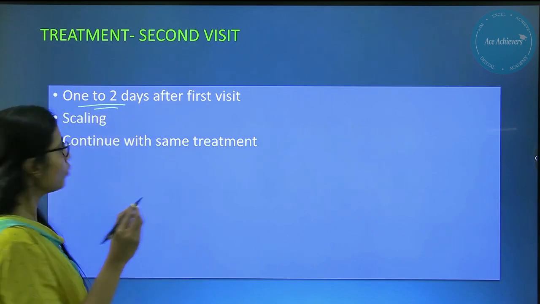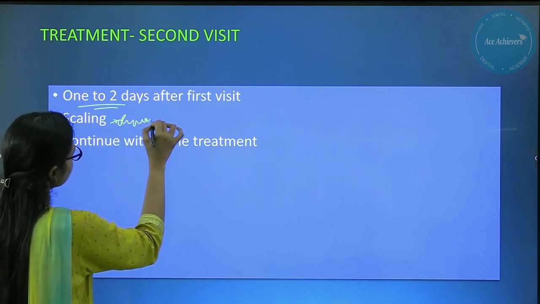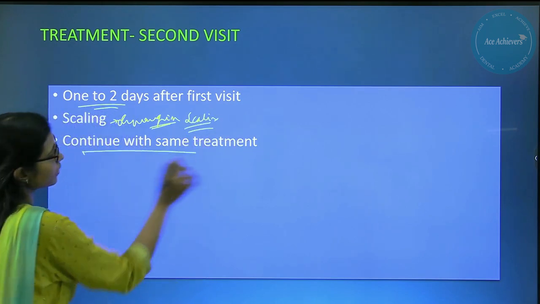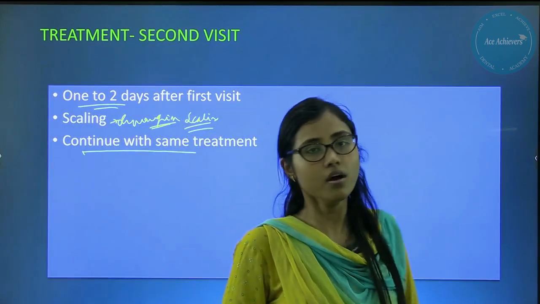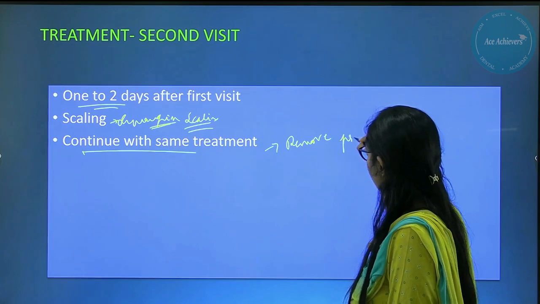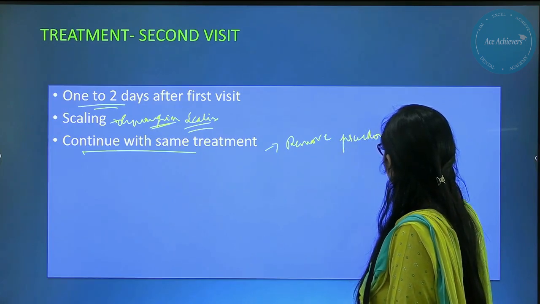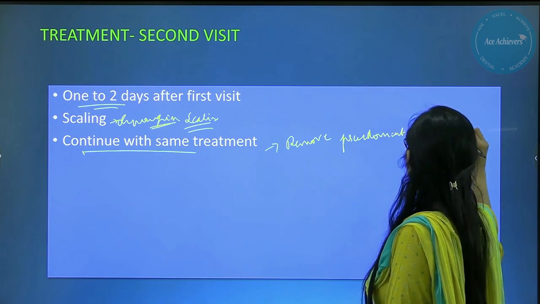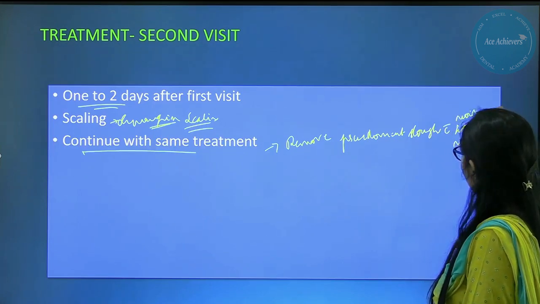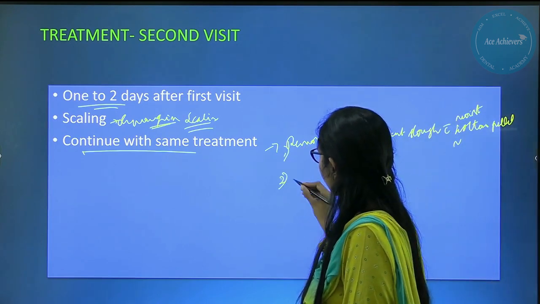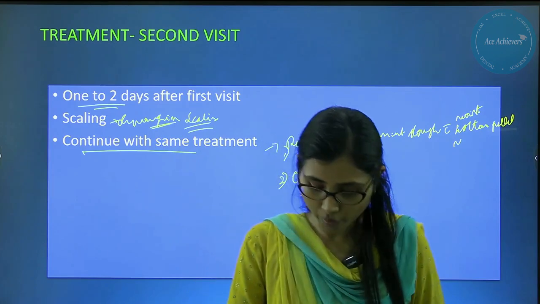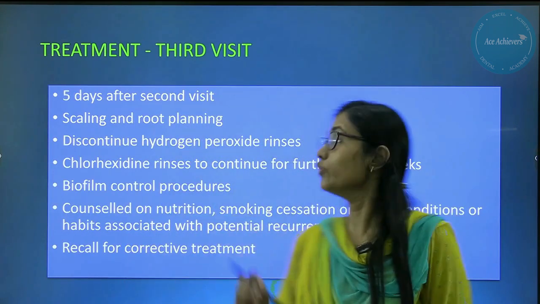Again here we are going to do a superficial supragingival scaling, and we can continue the same treatment as in the first visit. We remove the pseudomembranous slough with moist cotton pellets, and advise the patients with oral hygiene instructions for usage of hydrogen peroxide mouthwashes and chlorhexidine mouthwashes.